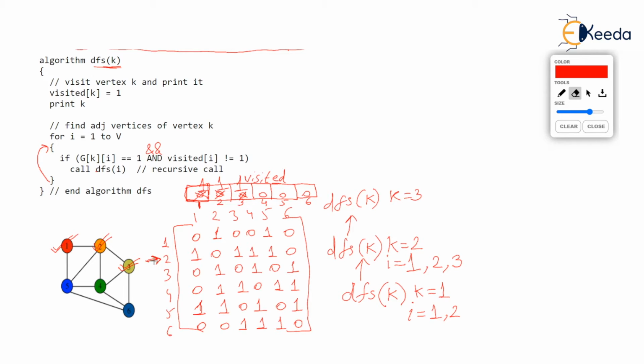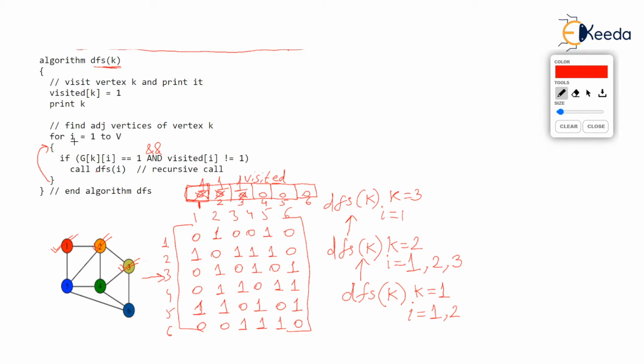To check the adjacent vertices of 3, just be in the third row, that is the kth row, and visit all columns. We will start a fresh loop with I going from 1 to v, I being the column numbers. So in this procedure, DFS(k), where k is 3, start I with 1. What's the question you will ask?